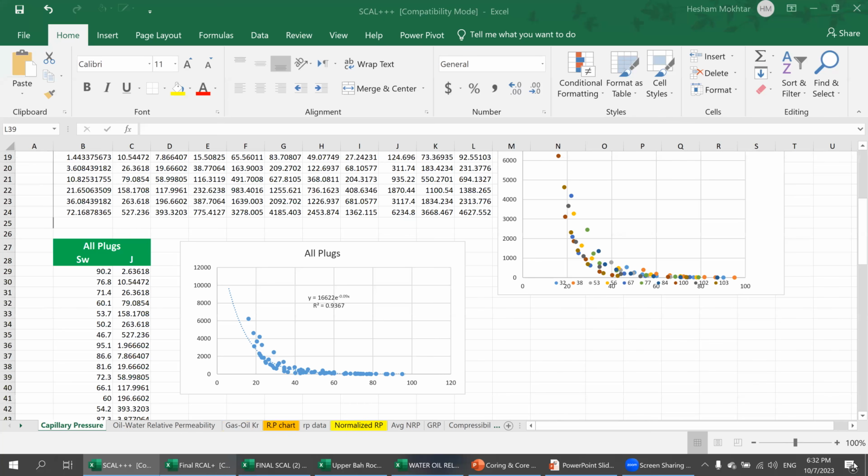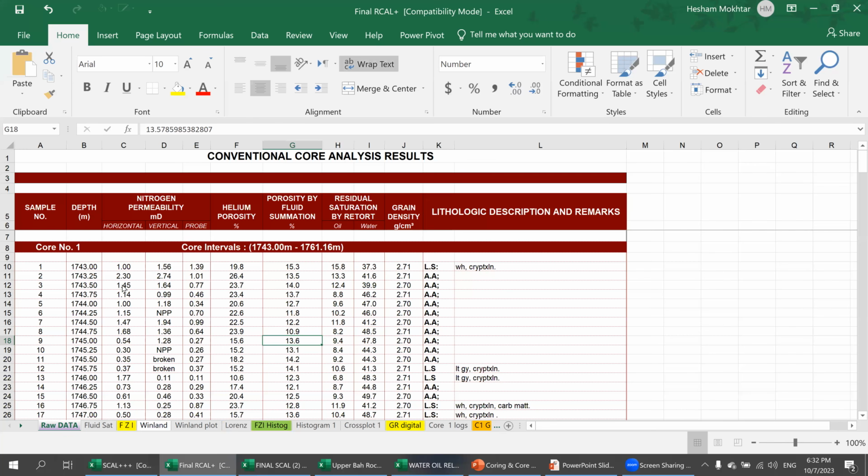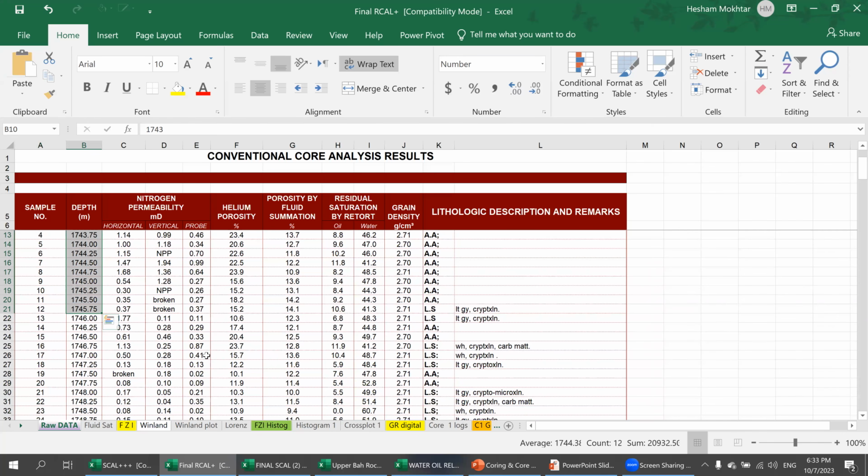This is the standard routine core measurement like this. We have depths, core number, corresponding depths, and the values of nitrogen permeability, helium porosity, and also grain density, as you can see, and lithology description.